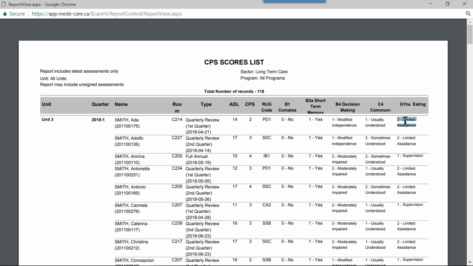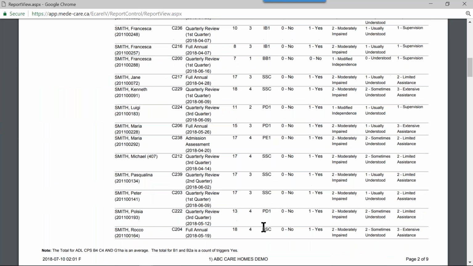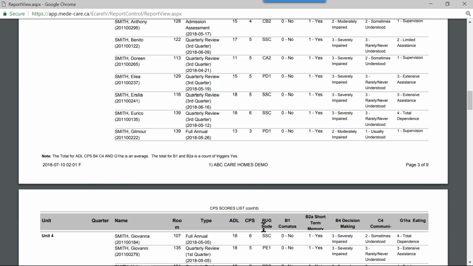Notice they're limited for eating, limited supervision, high ADL scores, okay. So this is a way to get a much better sense of what cognitive performance really means and what factors are impacting that for these individuals.